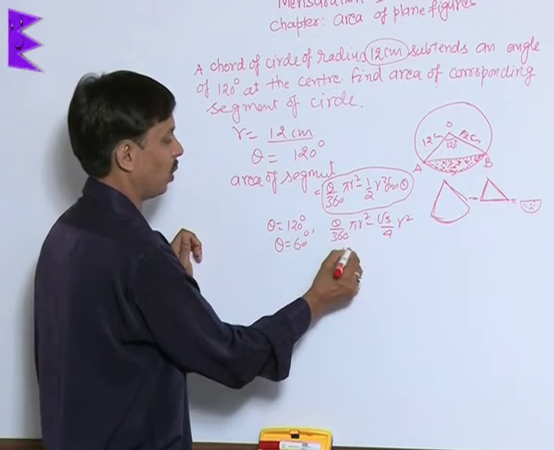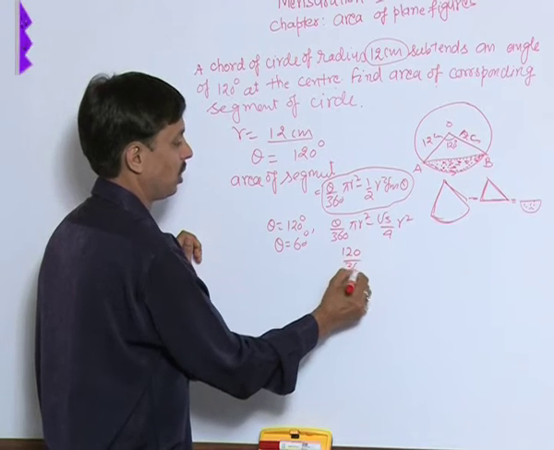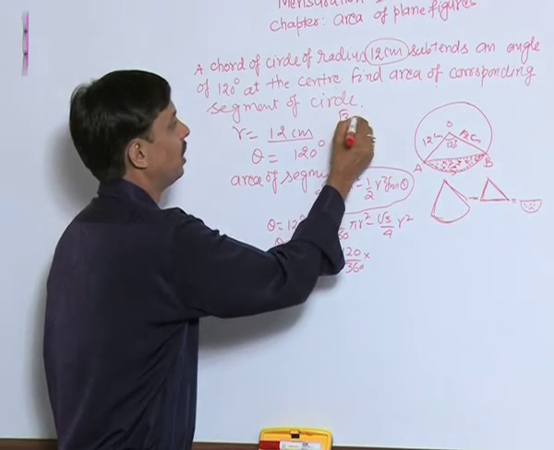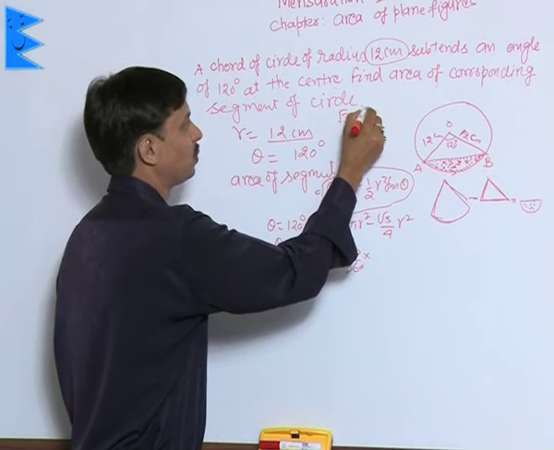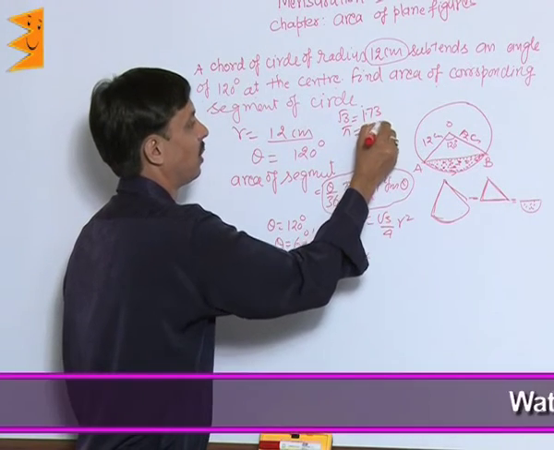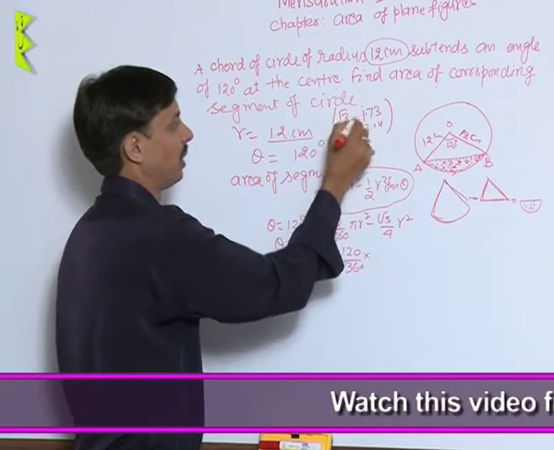We will get 120 upon 360. The value of pi we have to use is 3.14, and root 3 we have to use as 1.73. These are the two given conditions.